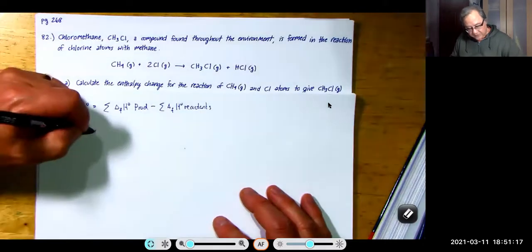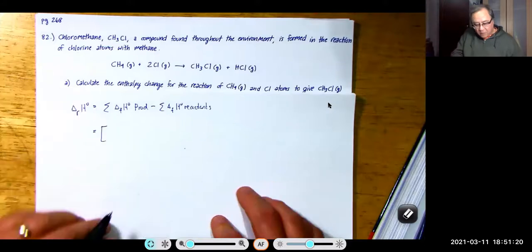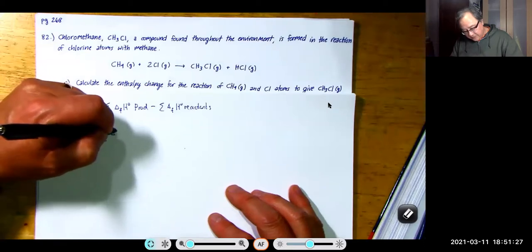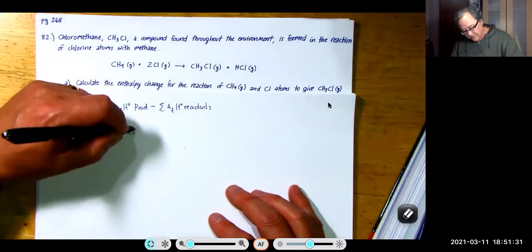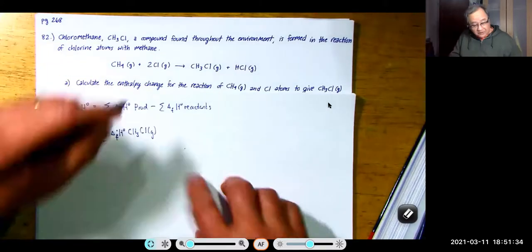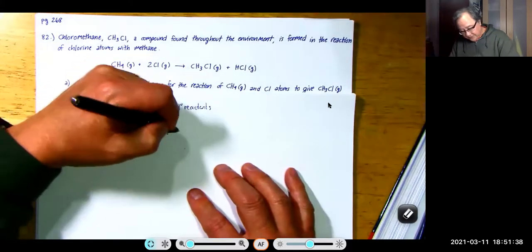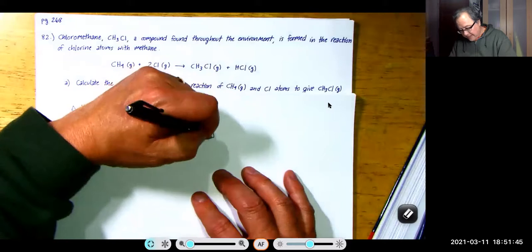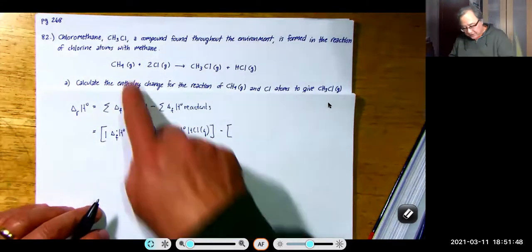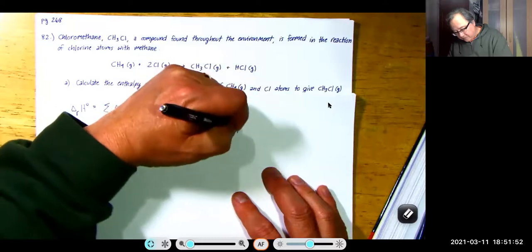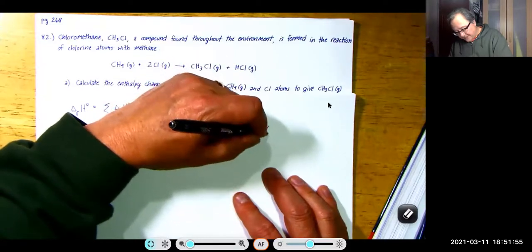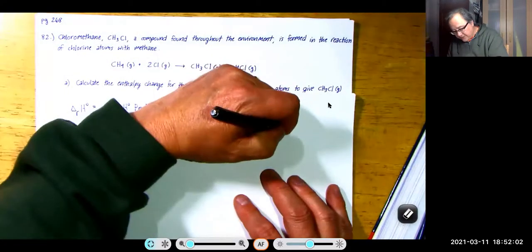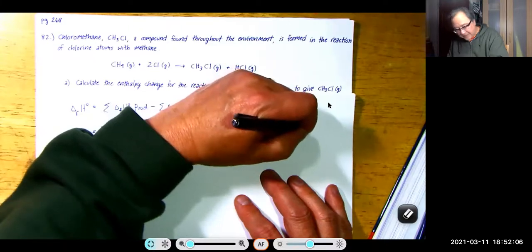So this is going to be the sum of, here we have 1 chloromethane, so 1 times the enthalpy of formation of chloromethane gas, the state matters, plus 1 times the enthalpy of formation of HCl gas, minus the sum of the reactants: 1 times the enthalpy of formation of CH4 gas, plus 2 times the enthalpy of formation of Cl gas atom.